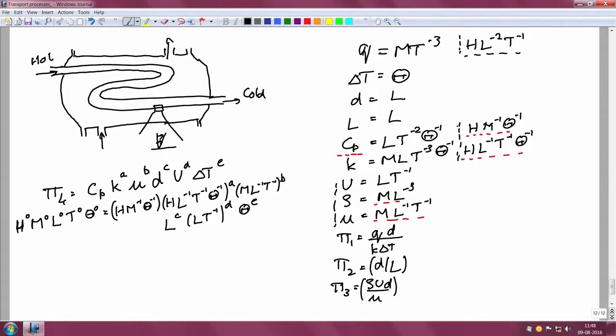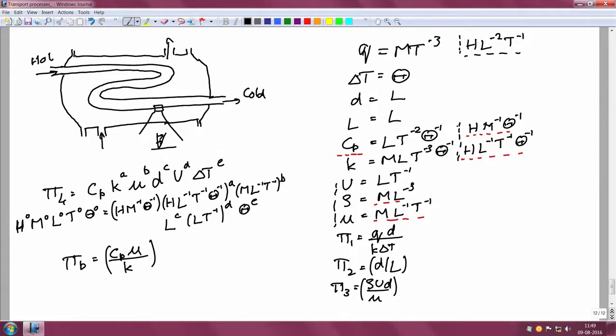You would think it is a little bit complicated to solve 5 equations for these 5 unknowns. It turns out that if you solve these, you get a pretty simple relation. The dimensionless group is equal to Cp mu by k. It turns out that the powers of the diameter, the velocity and the temperature difference are exactly 0.